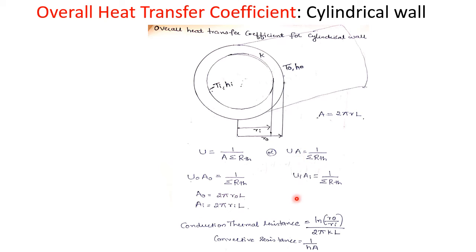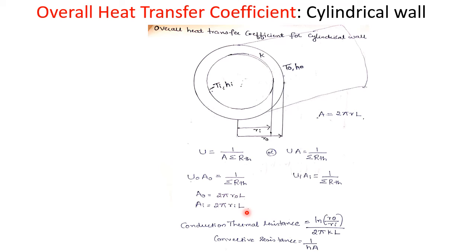This is the overall heat transfer coefficient based on the inside surface area of the cylinder, where A0 is given by 2 pi R0 L and Ai is given by 2 pi Ri L.